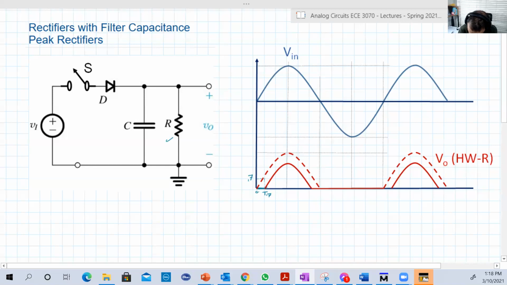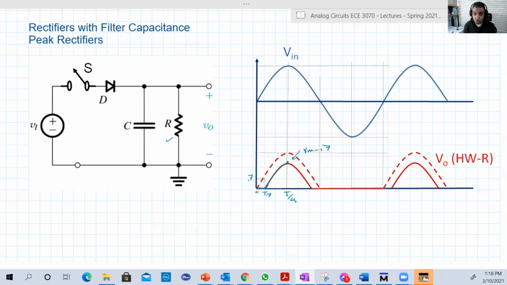Then it will start charging and follow that pattern until it reaches Vmax minus 0.7. After this point, which is T over 4, the diode will be off all the time, and VC will keep its voltage, Vmax minus 0.7, forever.